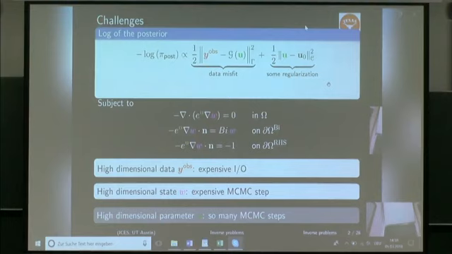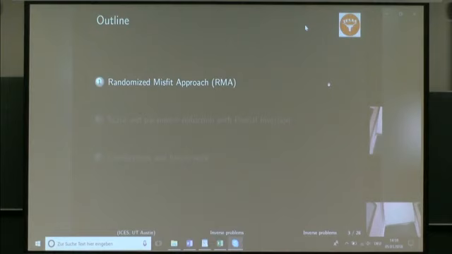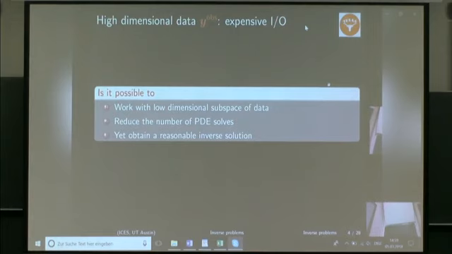In this talk I'm going to show you some of our efforts in my group at tackling these three obstacles. Let me start with a method that we call the randomized misfit approach, in which we deal with the dimensionality of the observation.